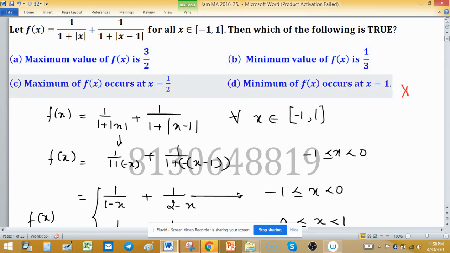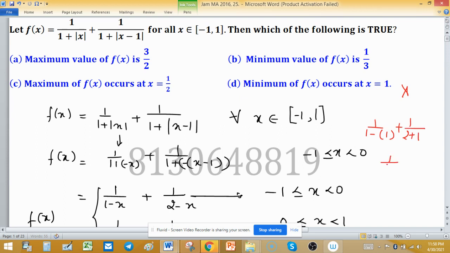If the function has its minimum value at -1, then the value of the function at -1 will be 1/(1-(-1)) + 1/(2+1), you can write.